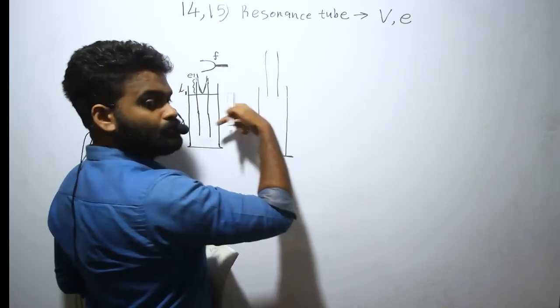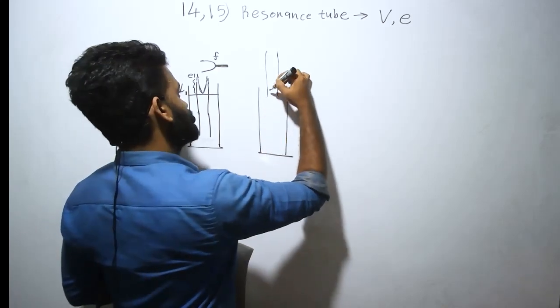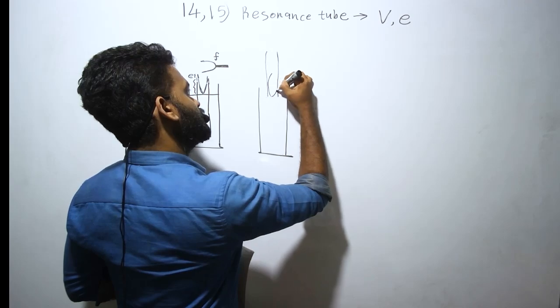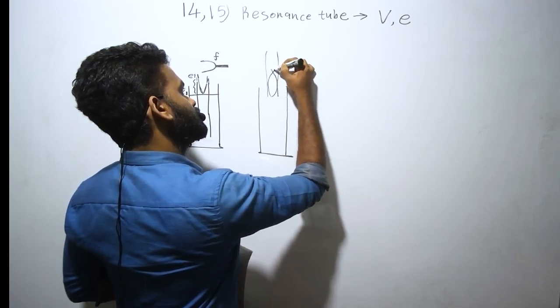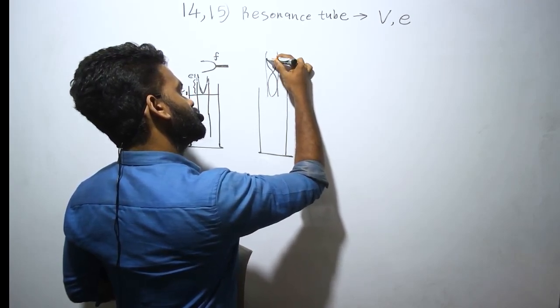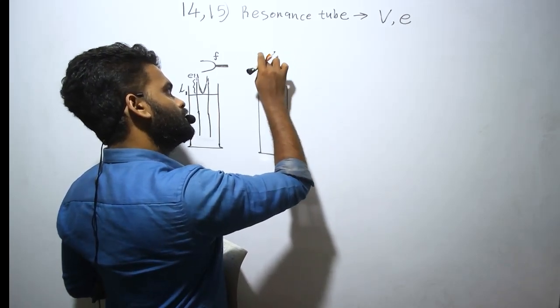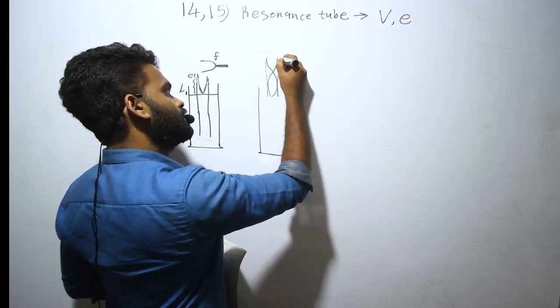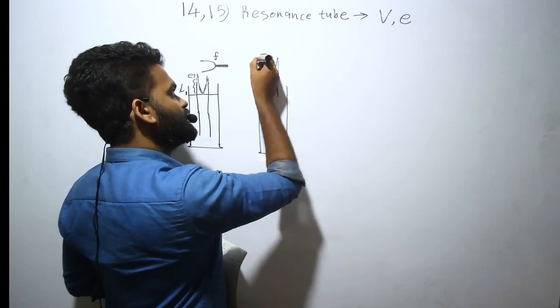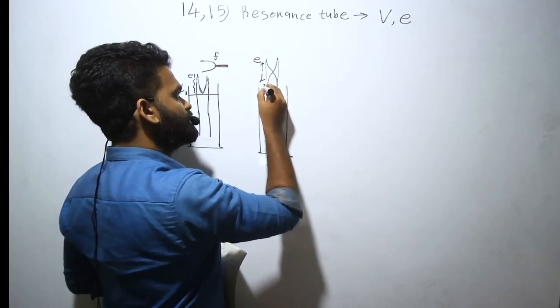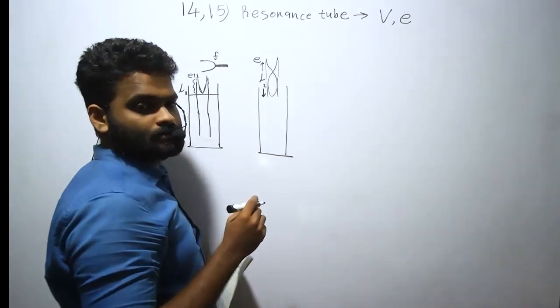Then the next wave pattern occurs here. It could be like this. This also has an end correction. Let's say you have lifted this up to L2.